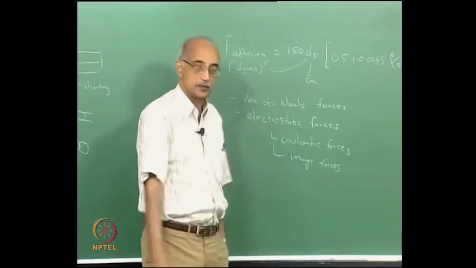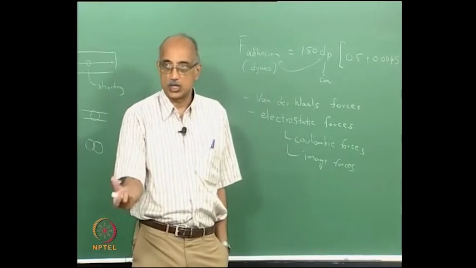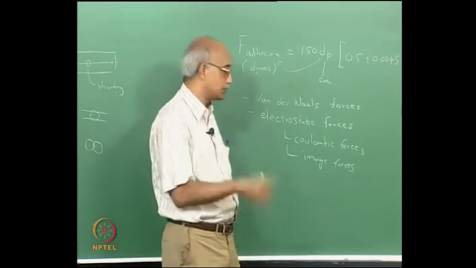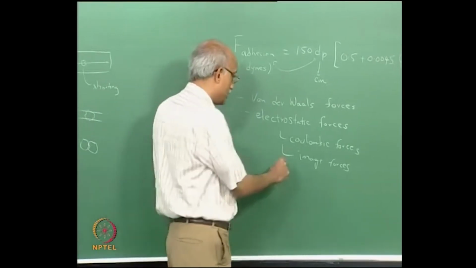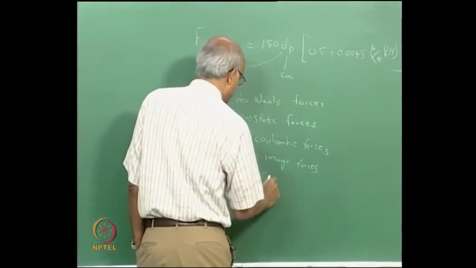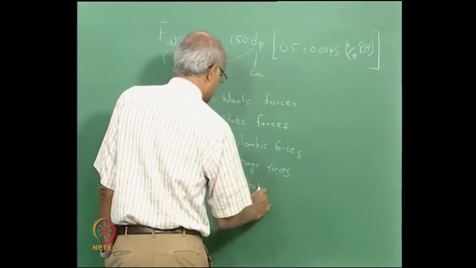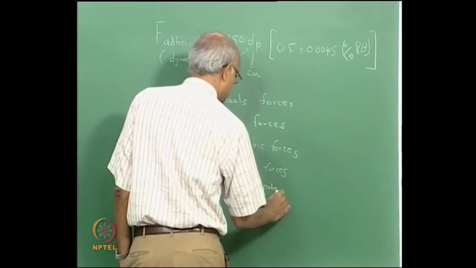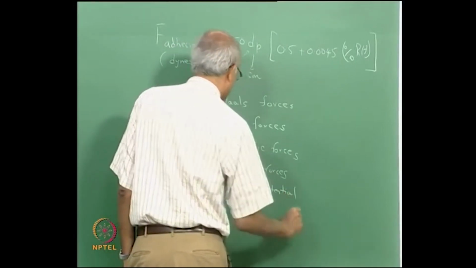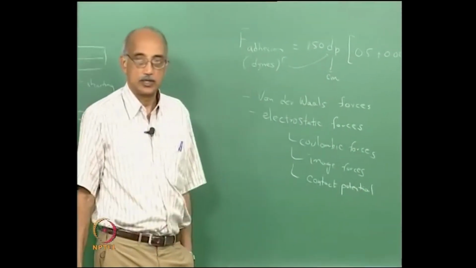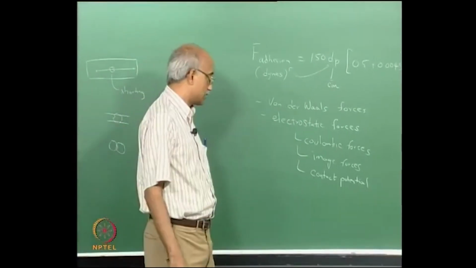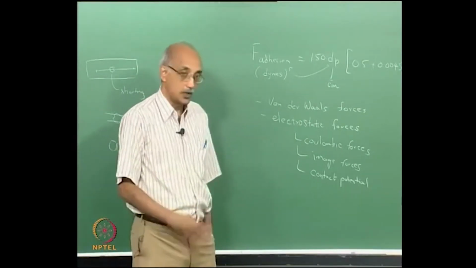The image forces apply when only the particle is charged and the surface is not, and we will look at the difference between these two. Then you have what are known as contact potential forces. So the net magnitude of the electrostatic forces is a combination of all of these.